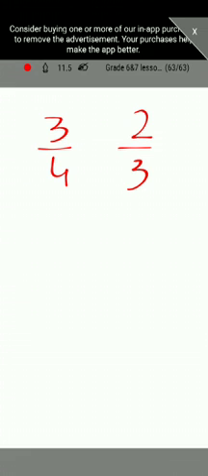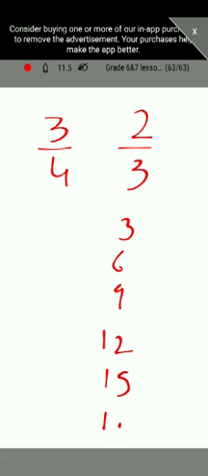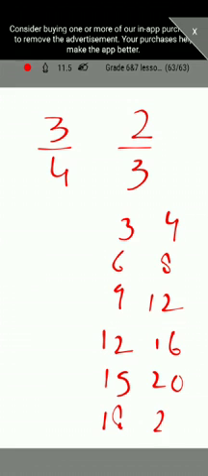If you're going to take the LCM of 4 and 3, you can simply write down the multiples of 4 and 3, or if you don't want to write them down, you can just keep them in your mind. The multiples of 3 are 3, 6, 9, 12, 15, 18, and the multiples of 4 are 4, 8, 12, 16, 20, 24.